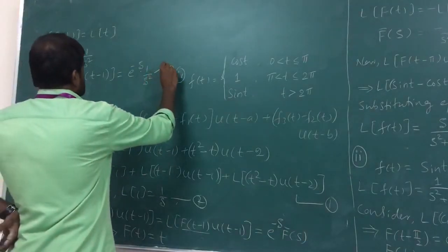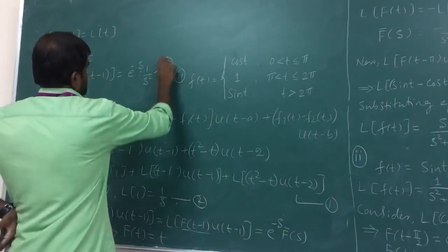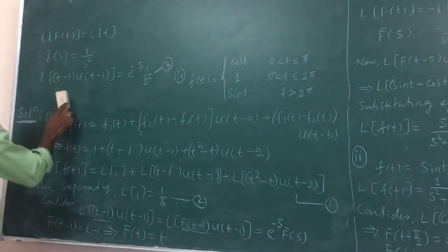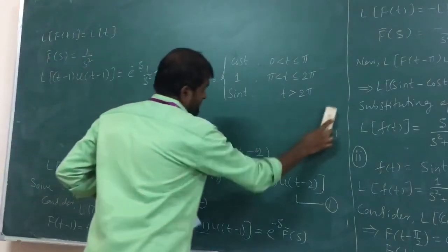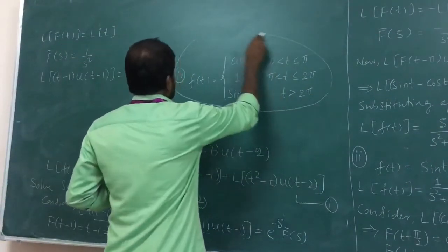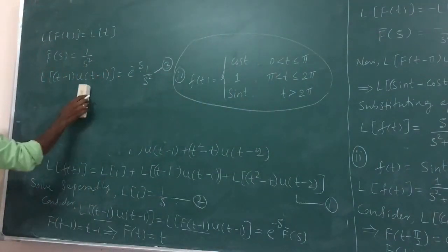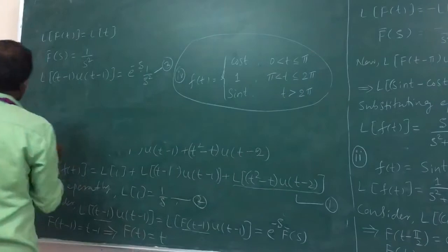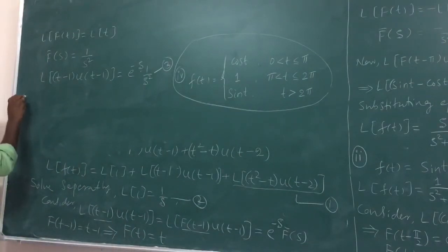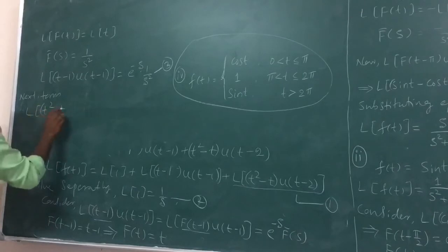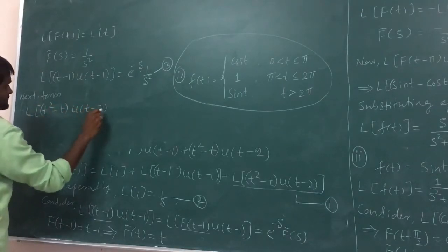Calling this equation number 3, then similarly, for the last term, L of (t square minus t) into u of t minus 2.